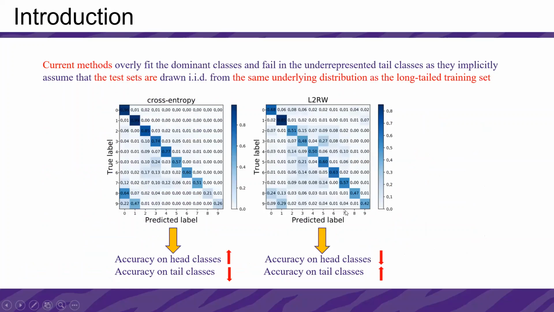So for current methods, these methods overfit the head classes and fail on the tail classes, and they implicitly assume that the test distribution is the same as the long-tailed training set.